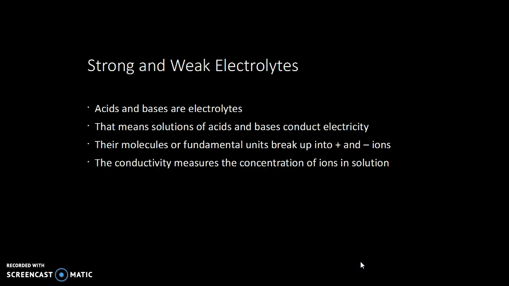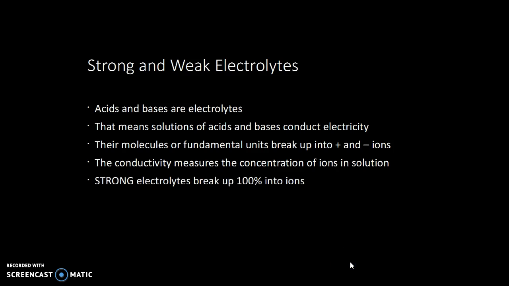The conductivity that we measure with the conductivity meter measures the concentration of ions in solution. So we might have 0.1 molar of some soluble thing, but it might not be 0.1 molar in ions if it doesn't completely break up into ions.